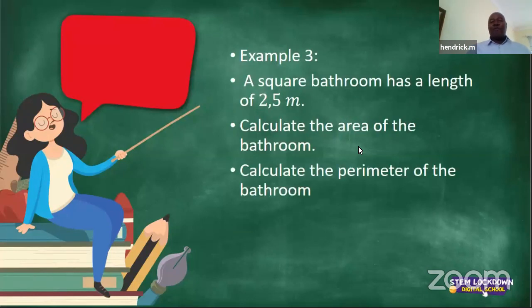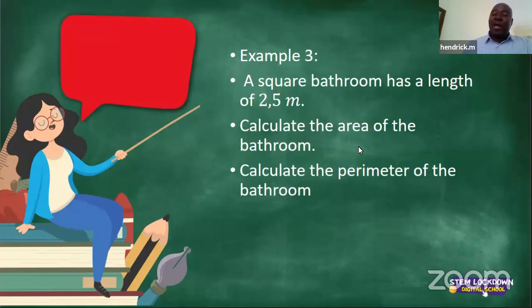And of course, we're moving to our third example. We have a square bathroom which has a length of 2,5 meters. Remember, it is a square bathroom.